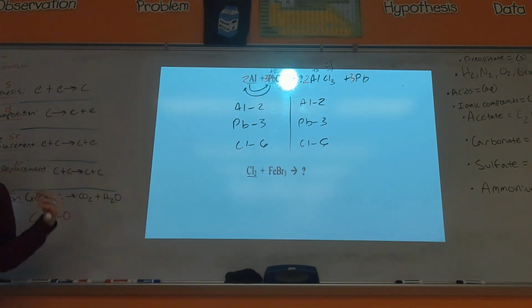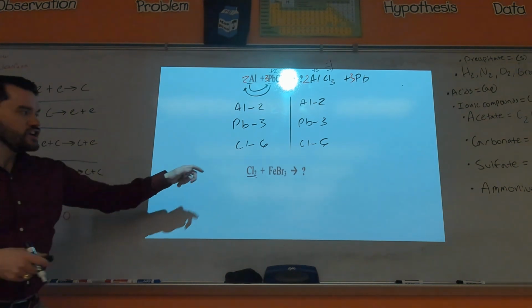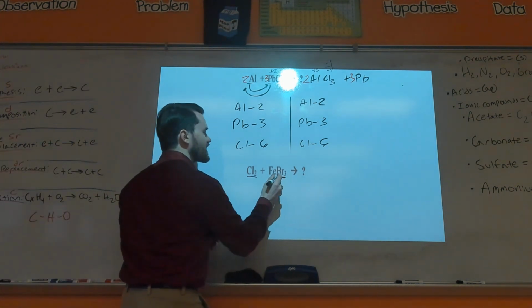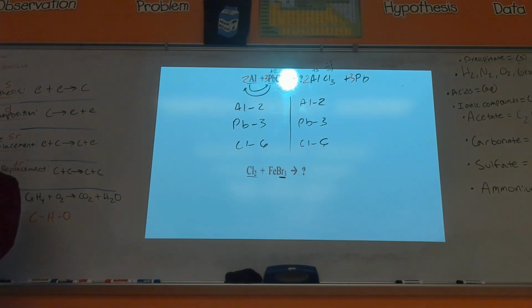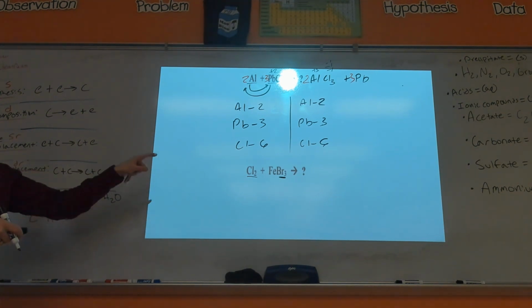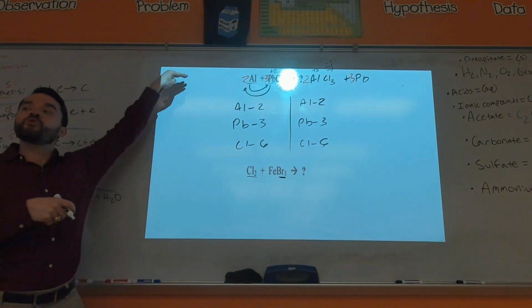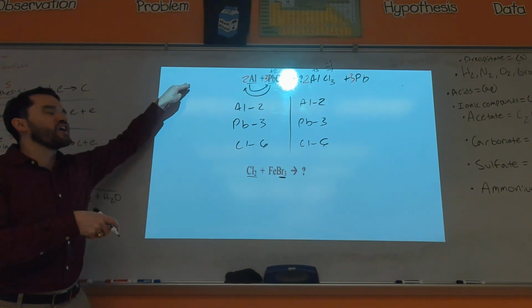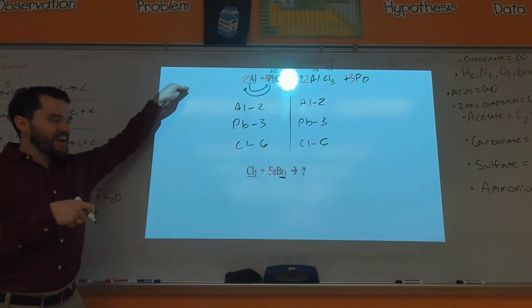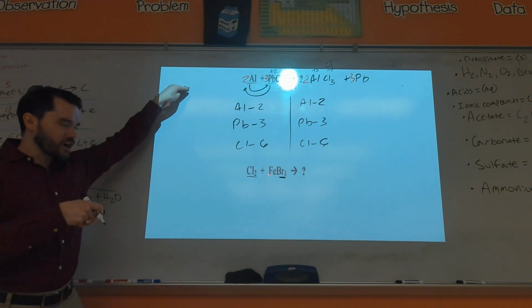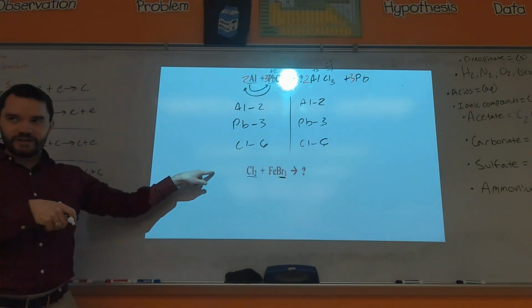So Cl2, chlorine. First question, ask yourself, does it make a negative or a positive charge? It makes a negative charge, yeah? Yeah, good. Okay, so that means it's competing with the thing in the compound that also makes a negative charge. So these are the two things you're comparing, chlorine and bromine. If chlorine is higher up on the list, meaning it's more reactive than bromine, it's more attractive to iron than bromine, iron would then leave bromine for chlorine.